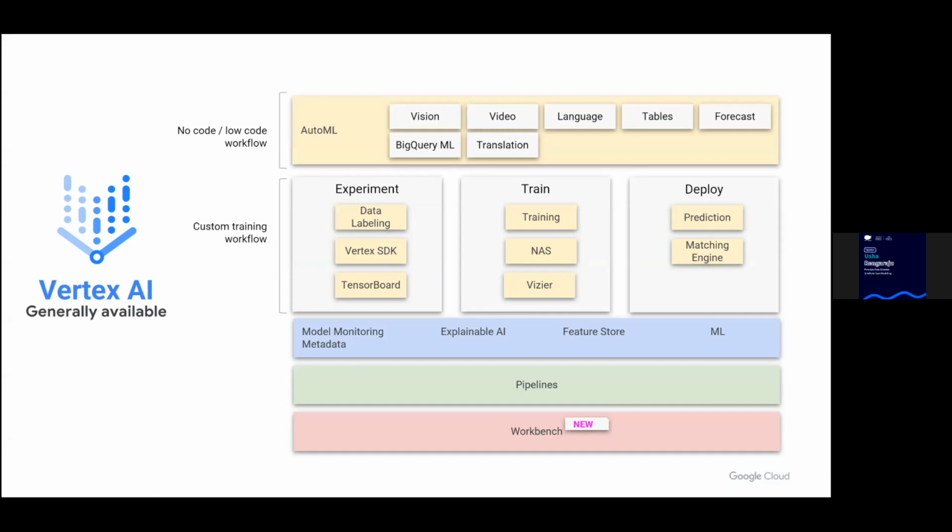And some of the features at each stage of your pipeline: for experiment tracking, you have the data labeling feature, you have Tensorboard, and all this is available for the experiment side. For the training side, you have Vizier, which is a hyperparameter tuning tool that is part of Vertex AI. And you have other features as well. NAS here stands for Neural Architecture Search.